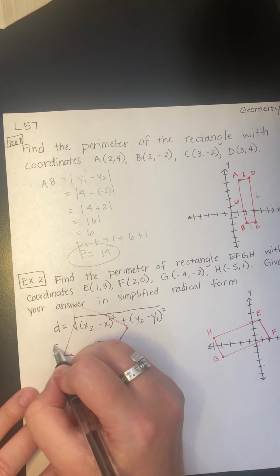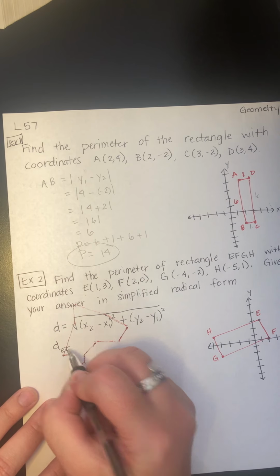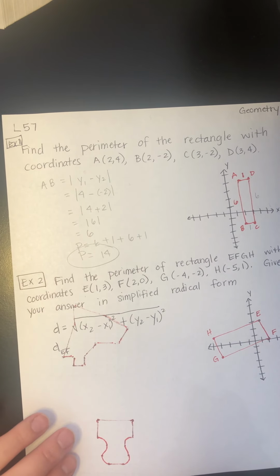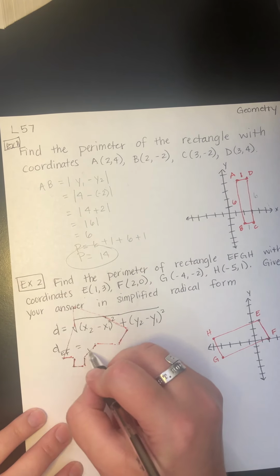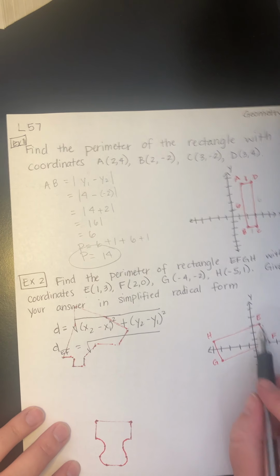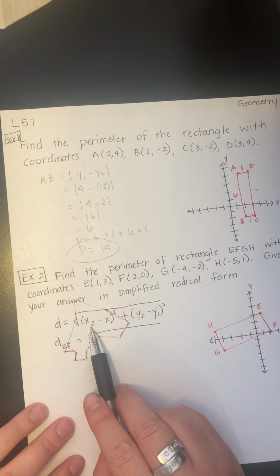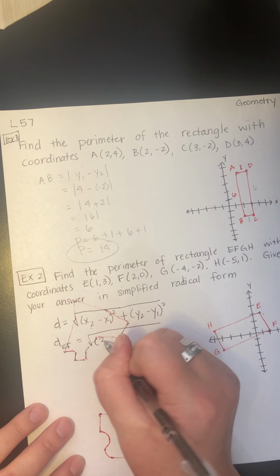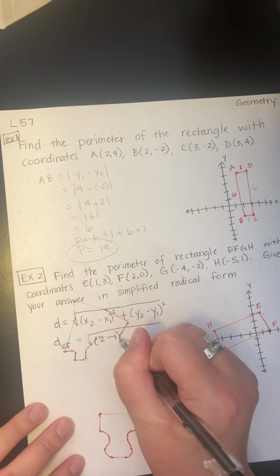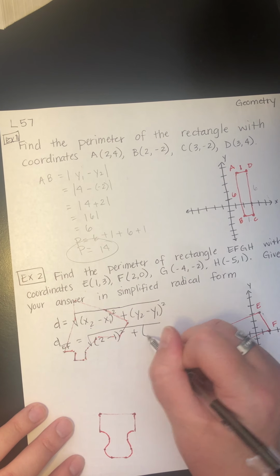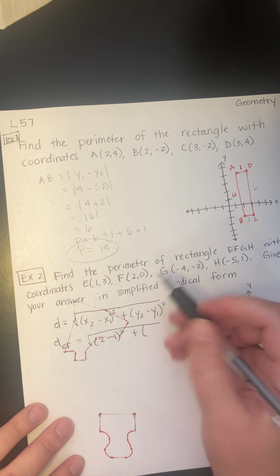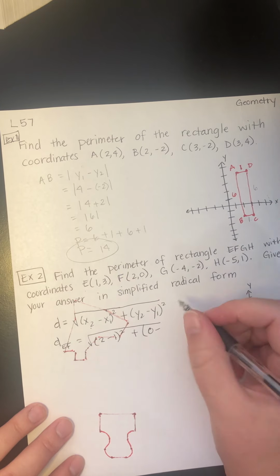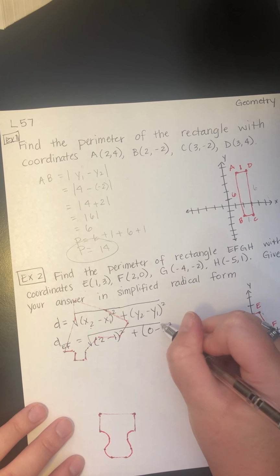And we're going to find the distance of, and I'm going to write a little sub of EF. We want to find the distance between these 2 points. So x sub 2, so F, x is 2, the x for E is 1, the y for F is 0, the y for E is 3.